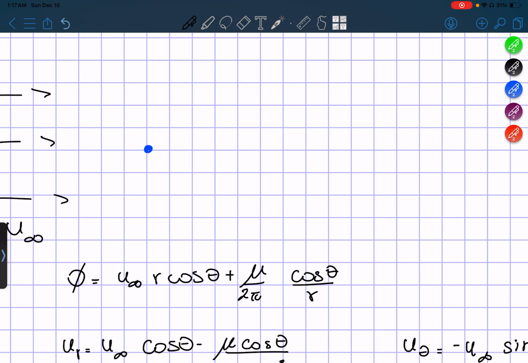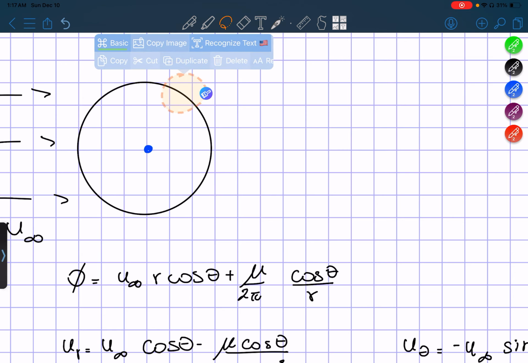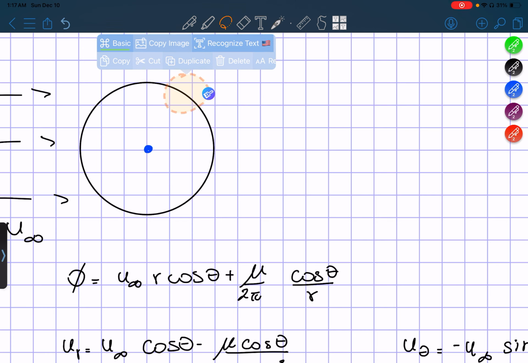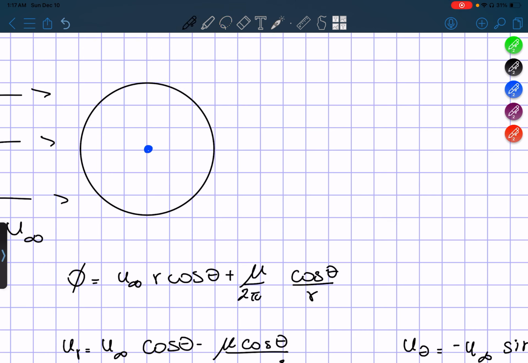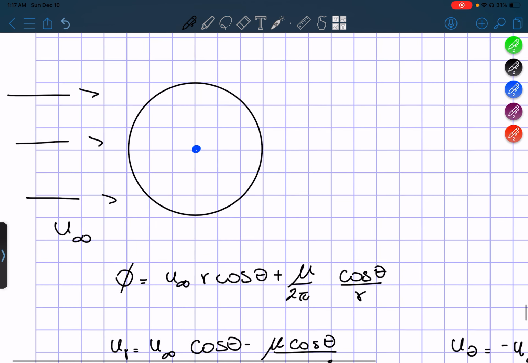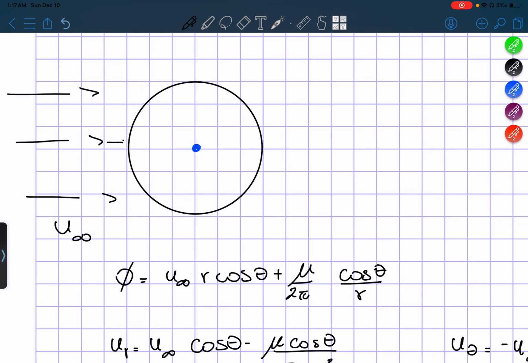Well, we get a circle like this, but centered around our doublet. I want to say it's about here, where there's no movement. So our flow will get here, and then we'll move along our circle.